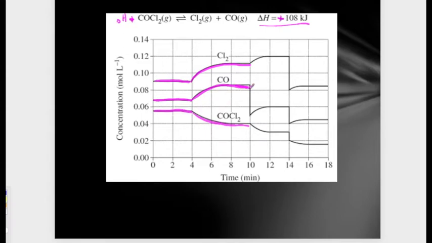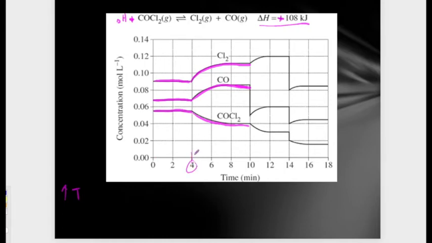So what are some hypotheses? The question here is, what change took place at 4 minutes? What did we do to the system, to this reaction system, to cause this change? So what could we do to the system to consume more reactants and produce more products? We could develop some hypotheses. The first hypothesis I have is, well, maybe we added heat energy. Maybe we increased the temperature.